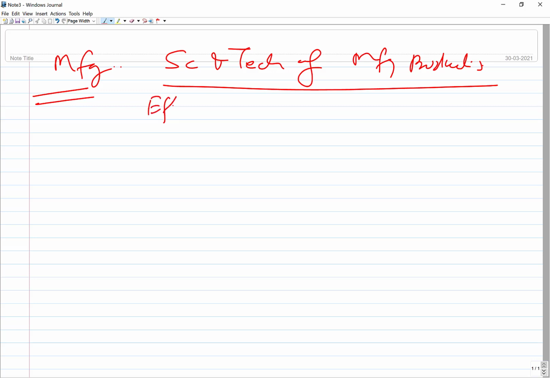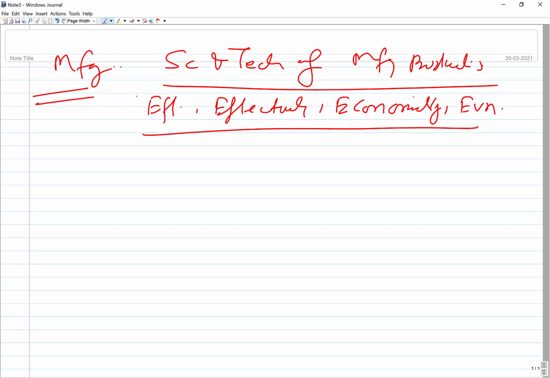The product has to be made very efficiently, effectively, economically, and without damaging or harming the environment. So this is what is needed. The processes which are efficient, effective, economical, and environment friendly. So efforts are made to realize the products with these attributes.